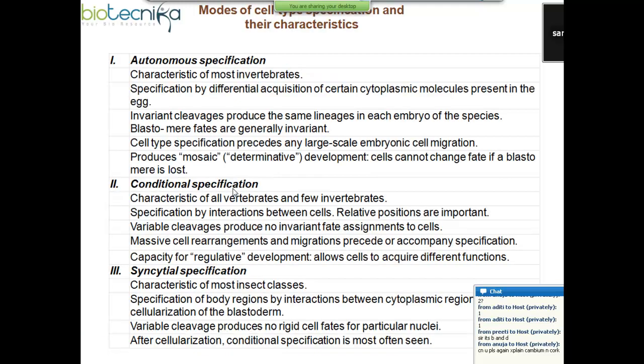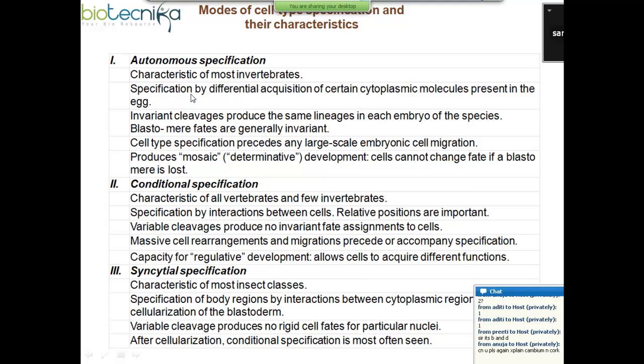So the modes of specification. What are the different types of modes in which it can be specified? First, a rough sketch: autonomous specification, conditional specification or syncytial specification. Autonomous specification is mostly in invertebrates.